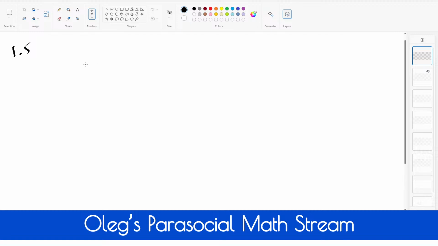Okay, let's factor x squared minus 7x plus 6. Here's a trick. When you have a negative here but a positive here, that means you're going to end up with two negatives. Watch this: x minus a, and then x minus b.